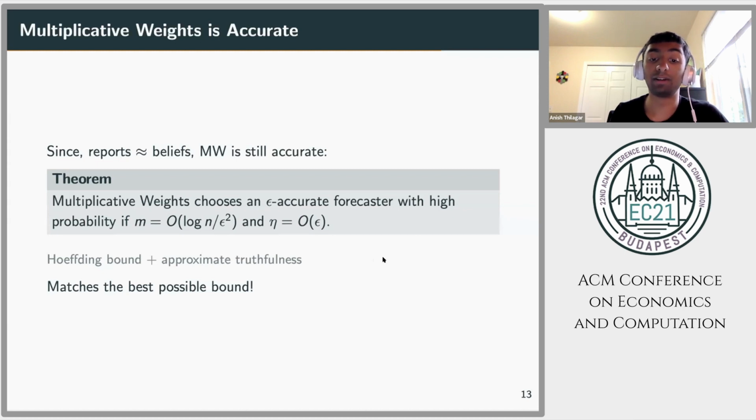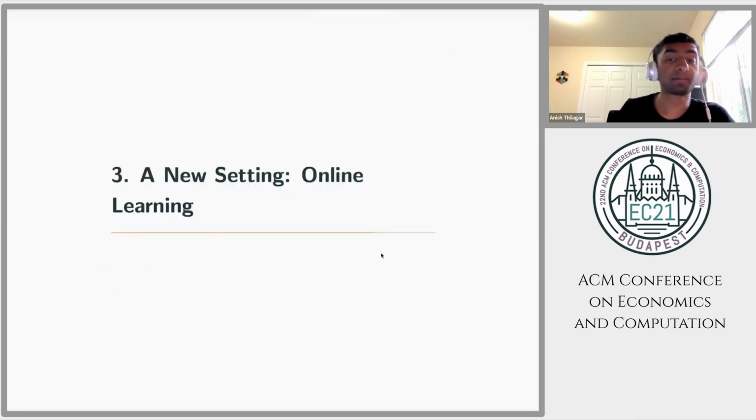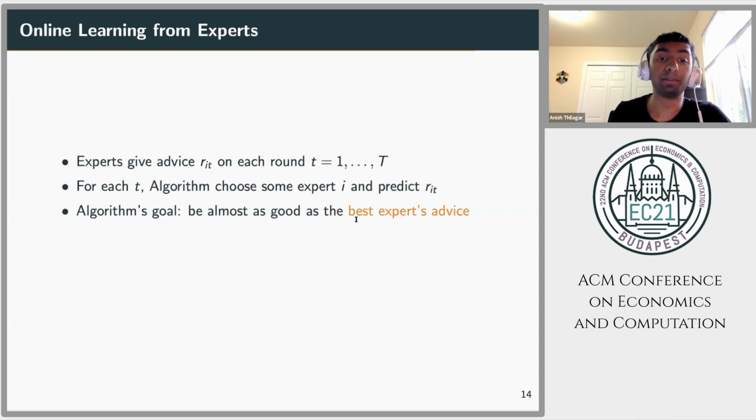So now, instead of looking at this problem, we'll look at a different problem and see what we learned there. We'll look at a whole new setting, which is online learning. So completely different problem. Here we have online learning from experts.